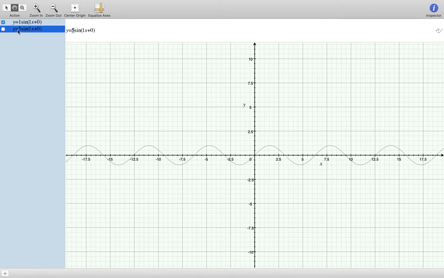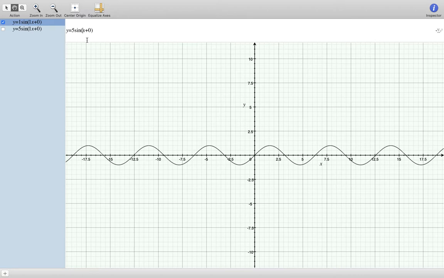Alright. So let's go ahead and change the next variable right here. So I'm going to change this to 5 as well. And I'm going to next vary the angular frequency. Angular frequency is the term that is the coefficient of your time variable.